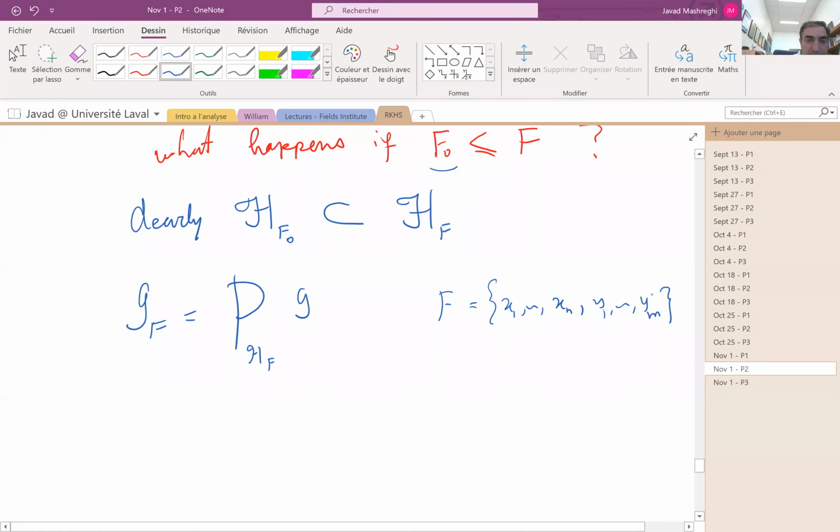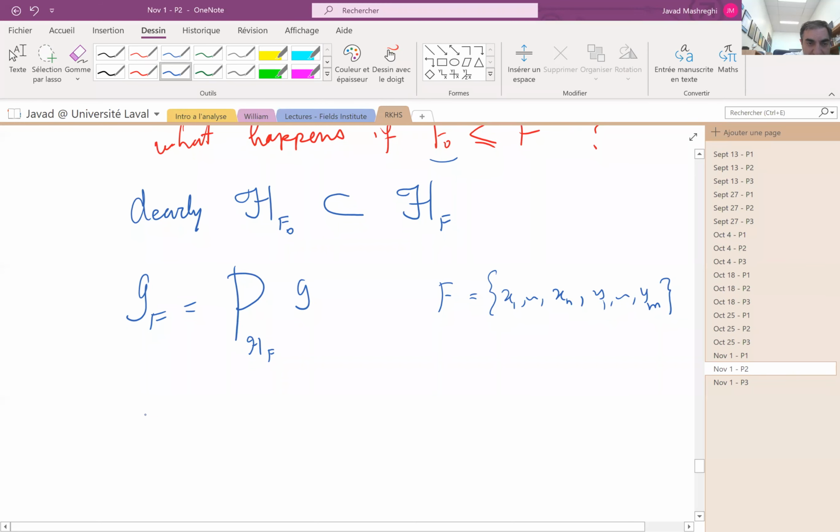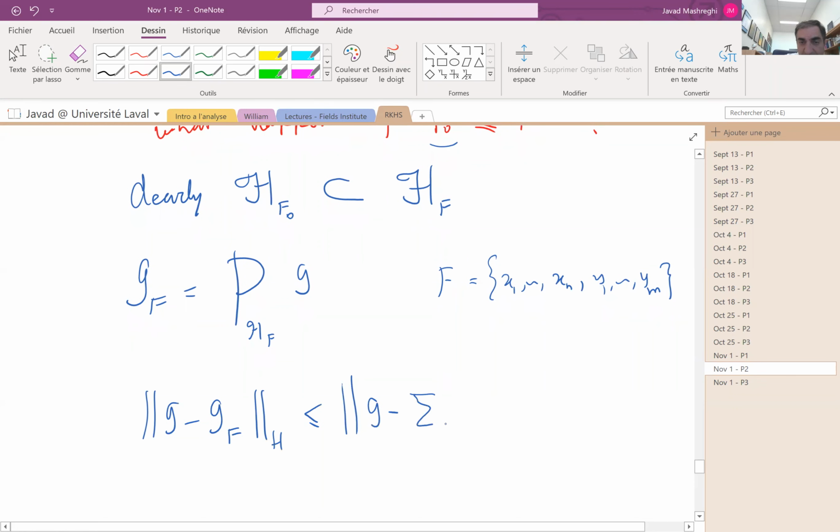It's bigger. The projection means that the distance between g and g_F in H is less than the distance between g and any other element in that space. Any other element means the sum j from 1 up to n of beta j k_{xj}, plus the sum k from 1 up to m of eta k k_{yk}.